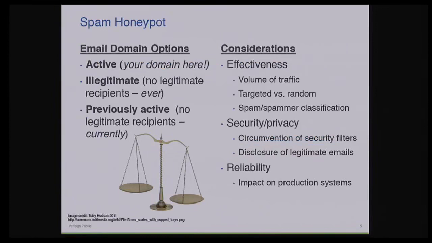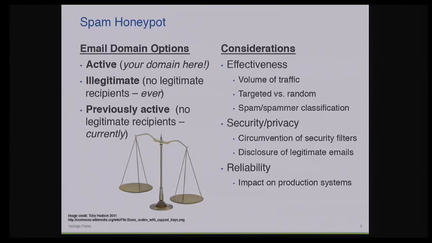So when deciding what type of considerations you might need for eliciting spam and how effective it might be, there are basically three different types of email domains that I've identified that you might use. First of all is active, one that actually has valid email recipients on the other side.